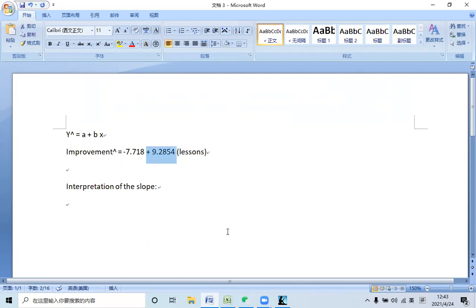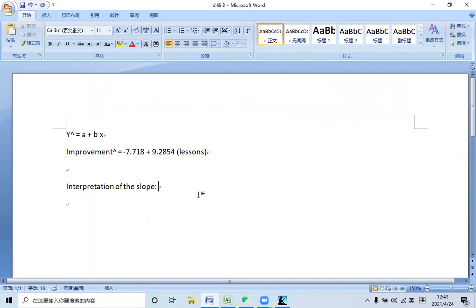It is a positive number, and that means as the number of lessons you take increases, your improvement or your predicted improvement would also increase. This is the meaning of the positive sign.